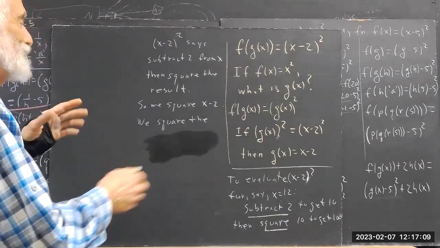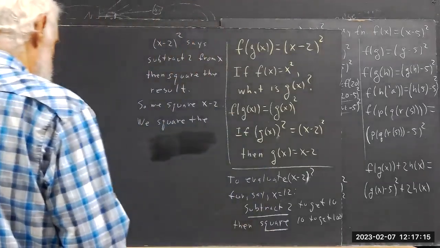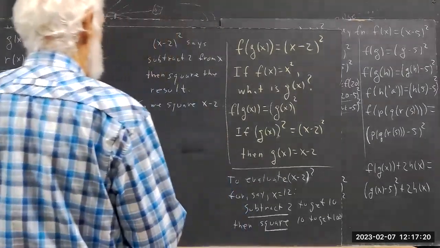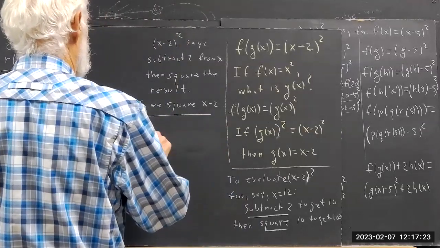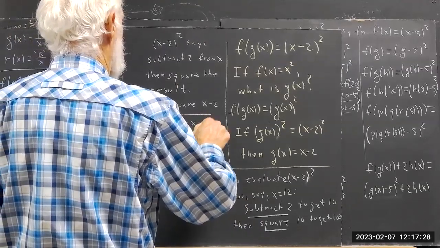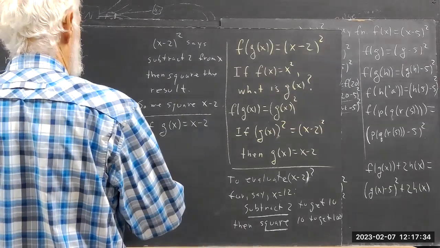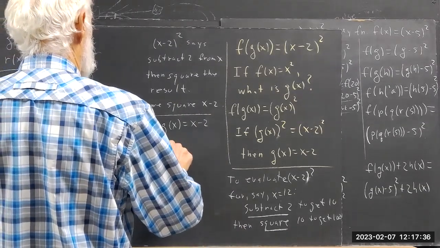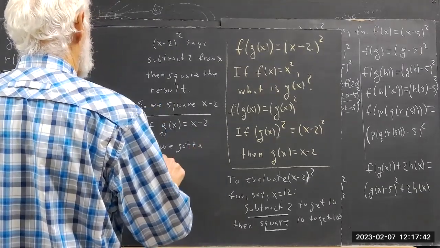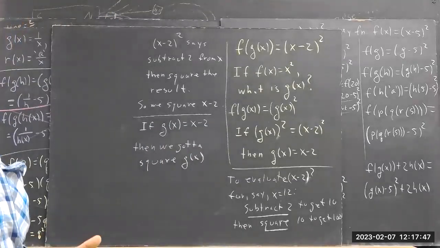Okay, so if g of x equals x minus 2, then we've got to square g of x, right?